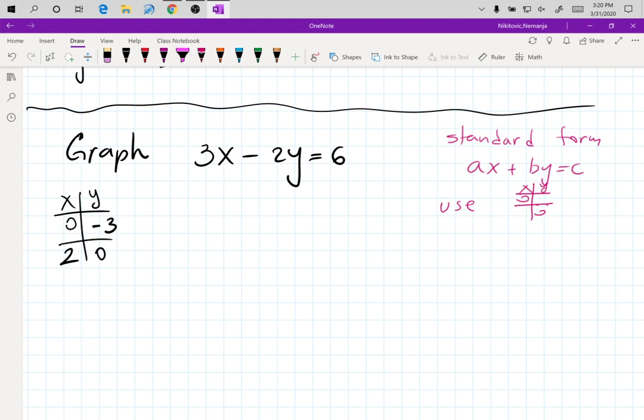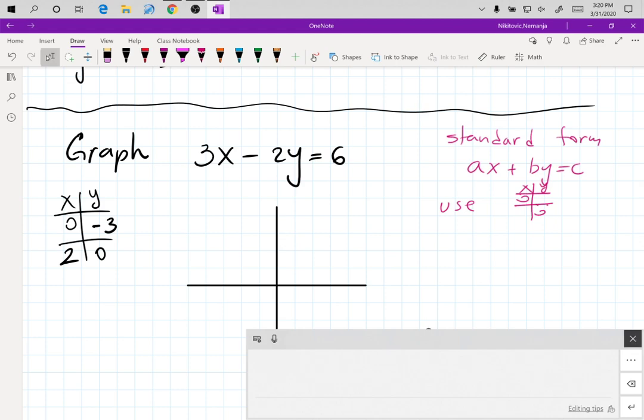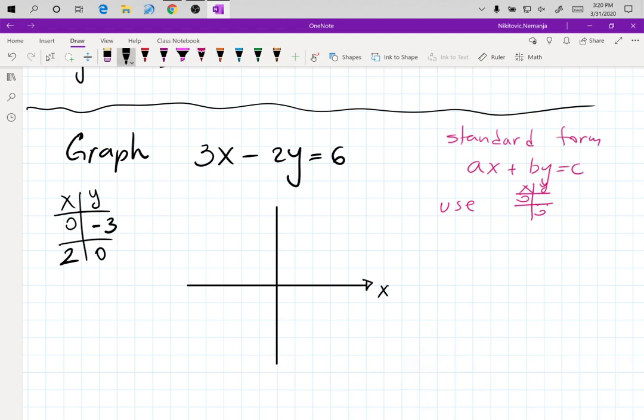All we need to do now is to graph this, and we're done. So we're going to put x and y axis. So y should be -3, and x should be +2.